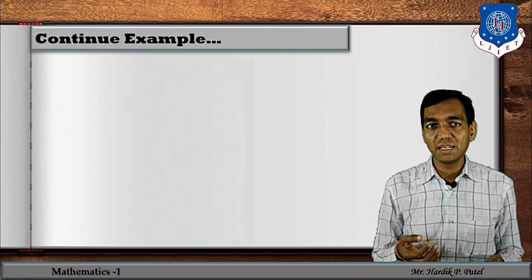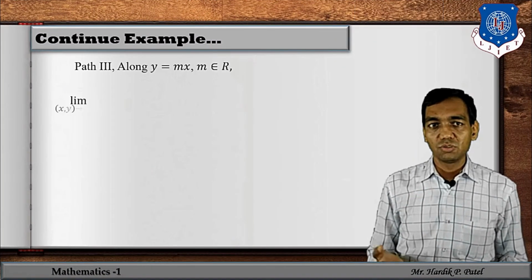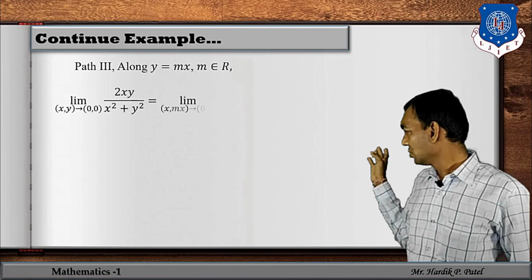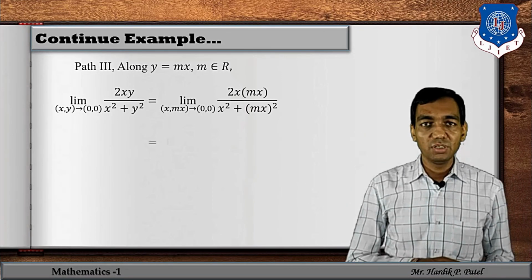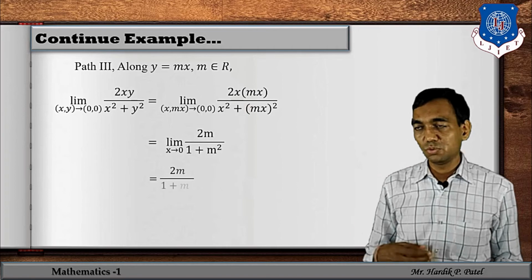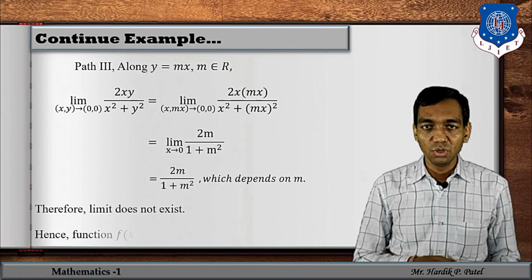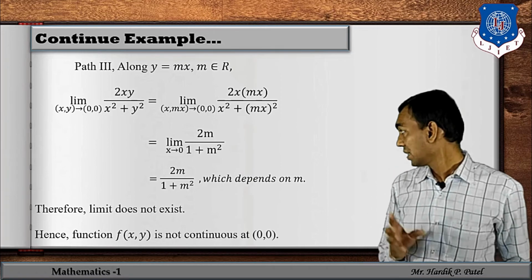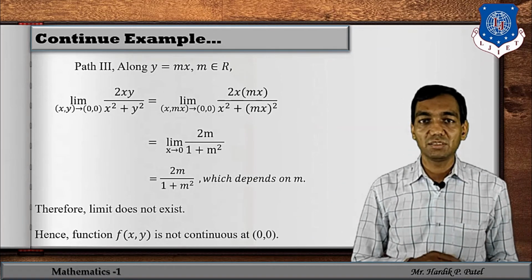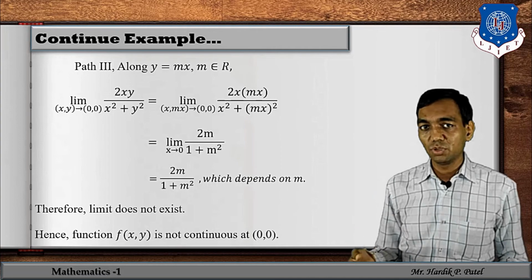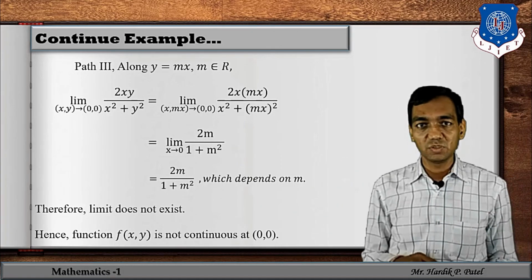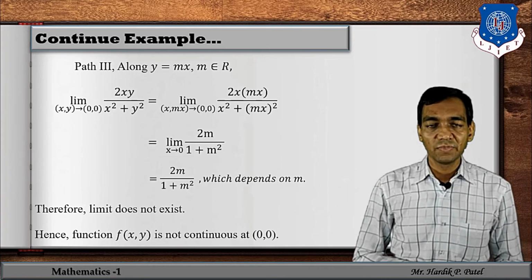Now we are going to put y is equal to mx. That will give limit of xy tends to 0, 0, 2xy upon x square plus y square. That means limit x comma mx tends to 0, comma 0, 2x into mx divided by x square plus mx the whole square. So that will give you the limit 2m upon 1 plus m square, because x square cancels out.